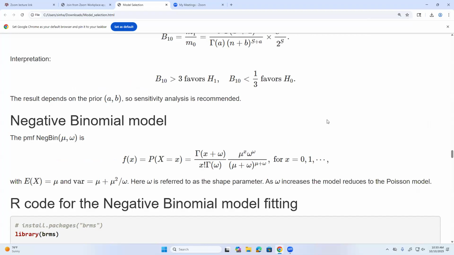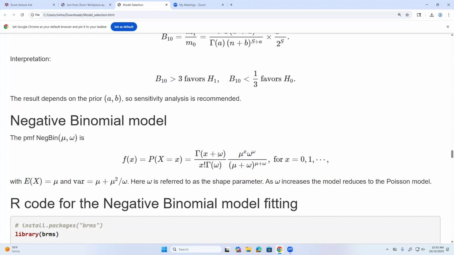We model how the response variable depends on a set of covariates. We have not talked about that yet, but this is our target, to talk about regression, where we allow the response variable or outcome variable to depend on a set of covariates. Then we use this form of the negative binomial.